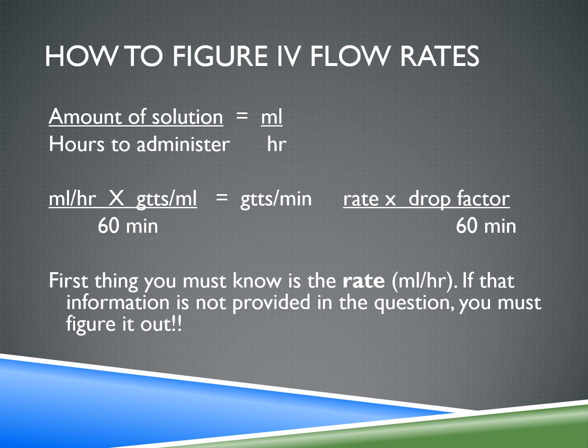Because everything's per hour, and when you divide it by 60 minutes, then that puts it down to per minute. Trust me, you don't want to know how many drops you'd have to count per hour, nor would you have time to do that. Another way to say it is rate times drop factor over 60 minutes. And what I like to do is I like to put the 60 right under the drop factor, and the reason is they are always reducible, and it makes the math really, really simple. I'll show you in just a second.